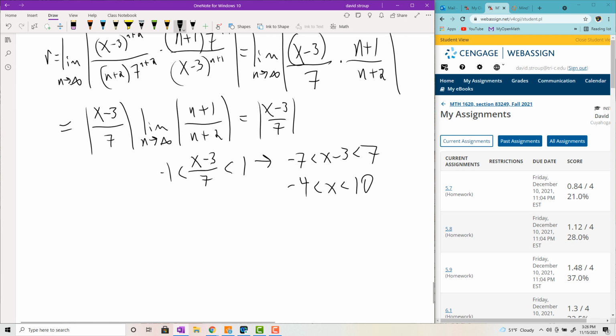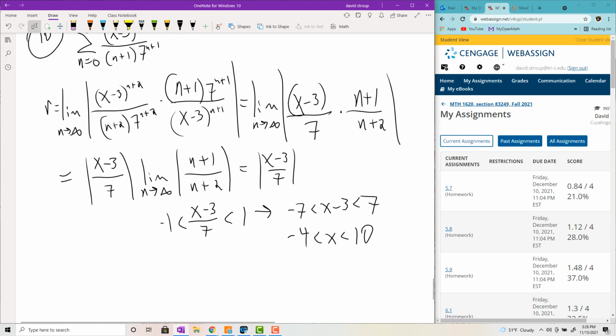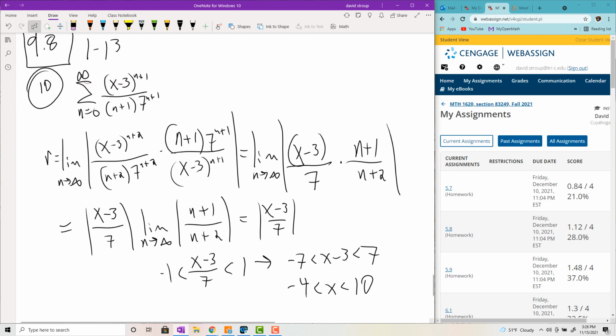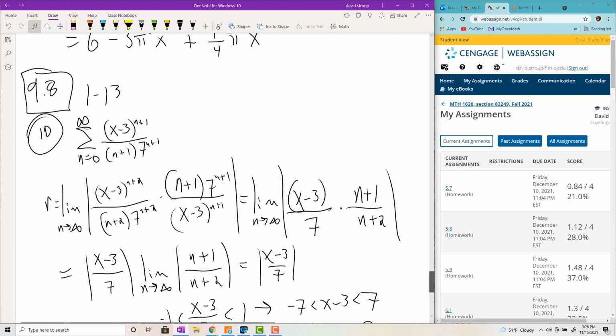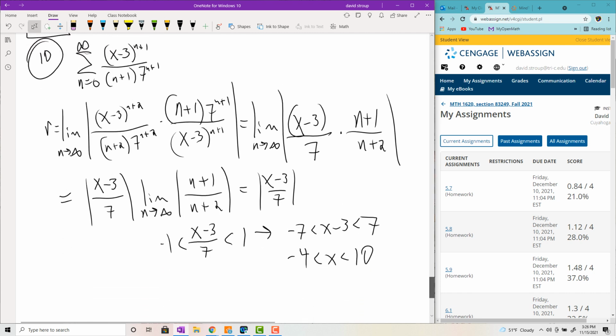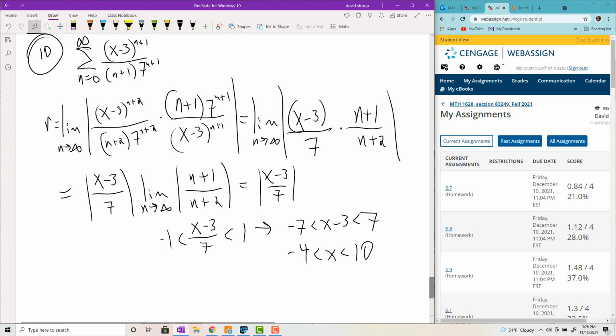For the interval of convergence, you need to check the endpoints in the original series. So you're taking negative 4 and plugging it into the original series. So let's try that. You'd get the series of negative 4 minus 3 is negative 7 to the n plus 1 all over n plus 1 times 7 to the n plus 1. I need to simplify this.